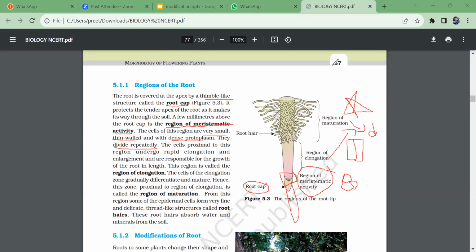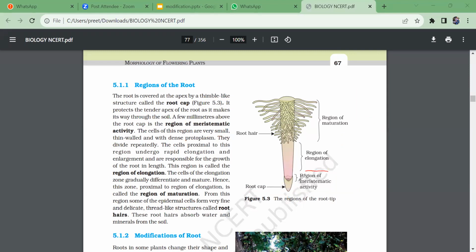So this is the region which divides. The root cap is only for protection.